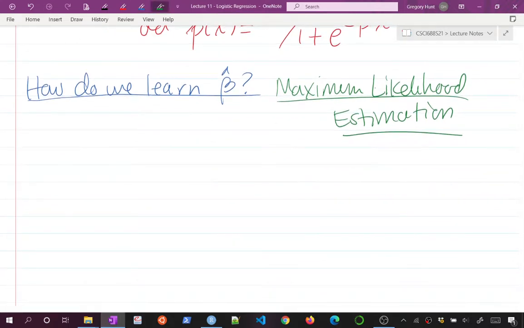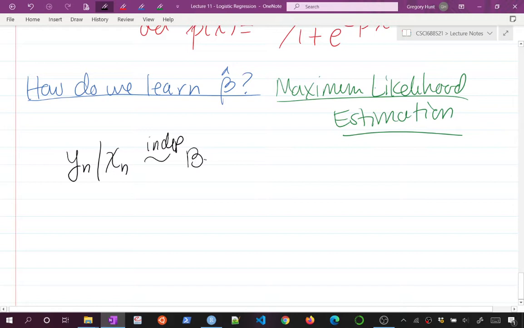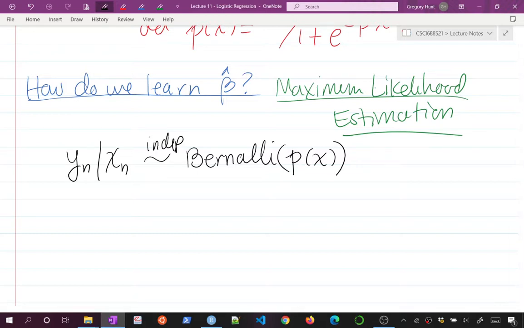The idea is that we assume that for our training data, our y_n, given the corresponding x_n, are independently distributed following this principle: Bernoulli, where the probability is modeled as this logistic function p of x. You could even write a little subscript beta here, p beta of x, to remind us that this depends on beta, which is an unknown parameter.